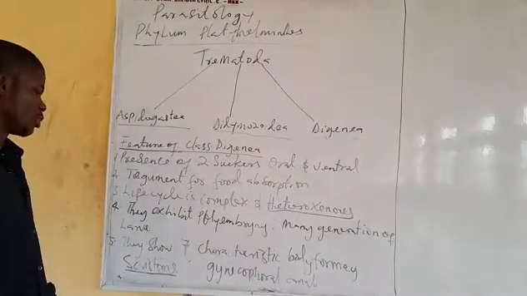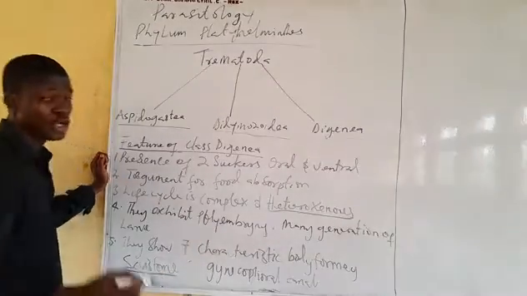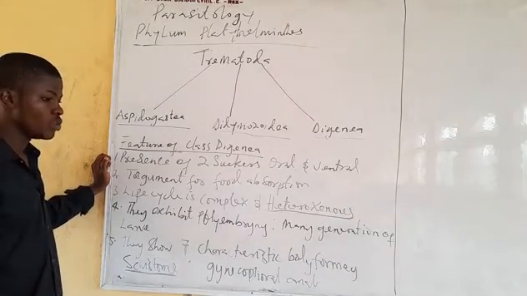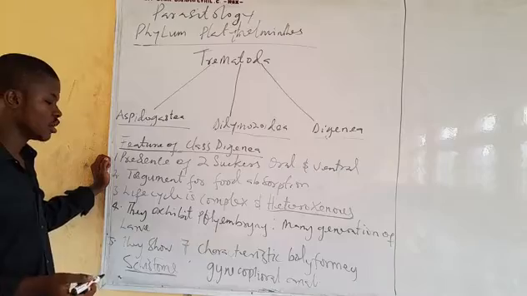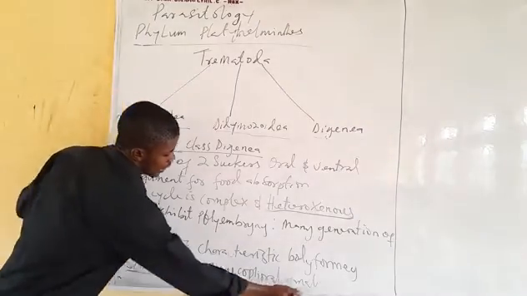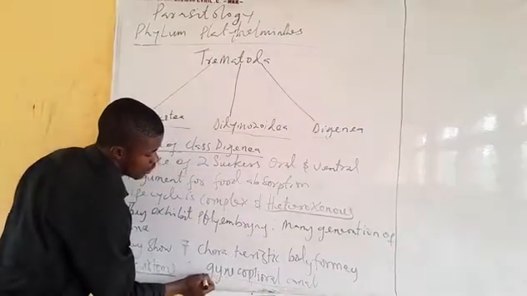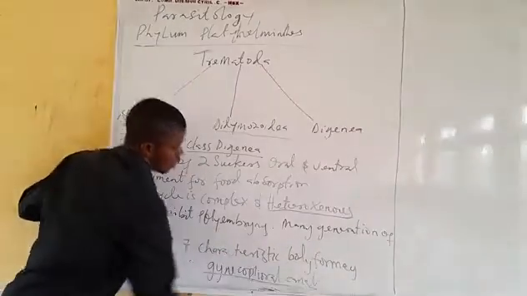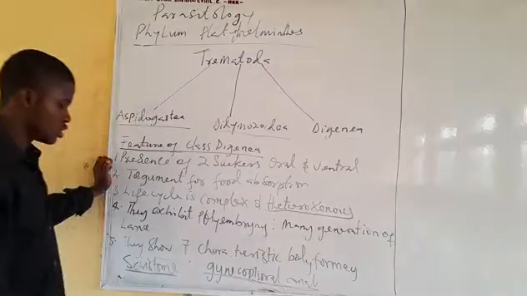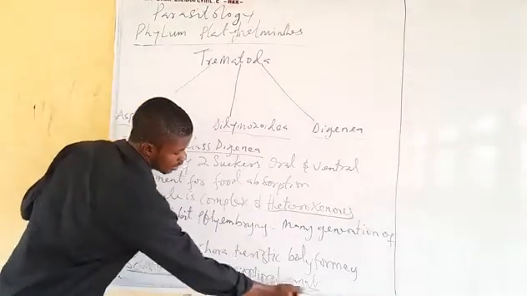Now these are elongated parasites, and in this schistosome, the male, the body form that is larger, carries the female in what we call the gynecophoral canal. So take note, gynecophoral canal. An exam question might be in this form: which species of parasite carries the female in the gynecophoral canal?